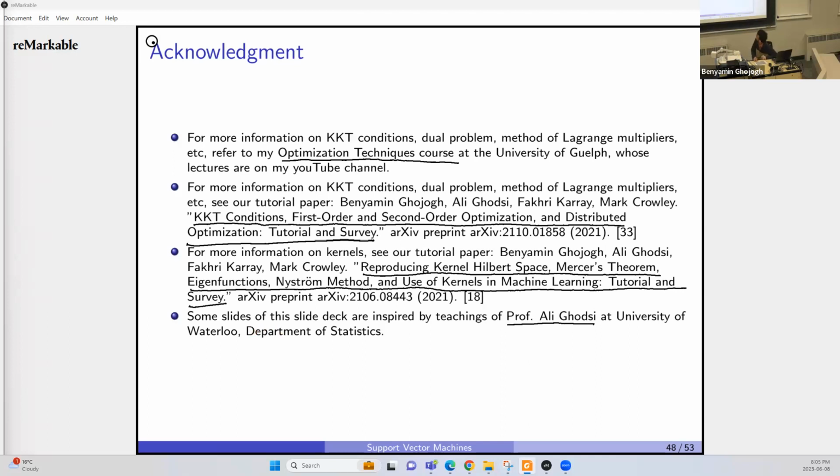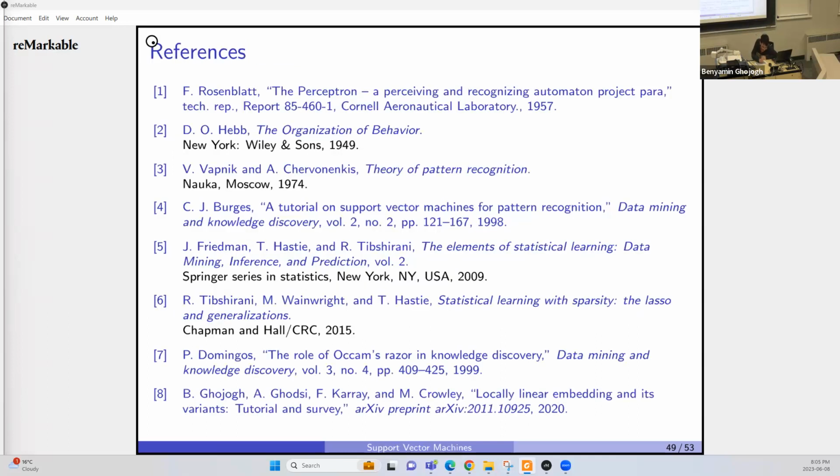Okay, references. So this is the paper of Rosenblatt, Perceptron, in 1957. Some of them which I remember, I tell you. I don't remember. Oh, this is the Hebbian learning, the paper which proposed Hebbian learning for perceptron. This is Vapnik's paper, I think 1974. This is for hard margin SVM. The paper proposing hard margin SVM, I think this is a book, Theory of Pattern Recognition in Moscow. Okay.